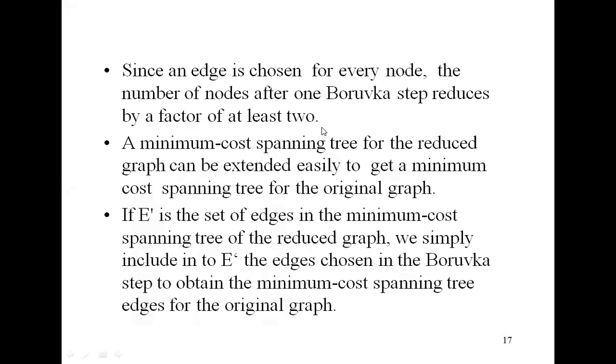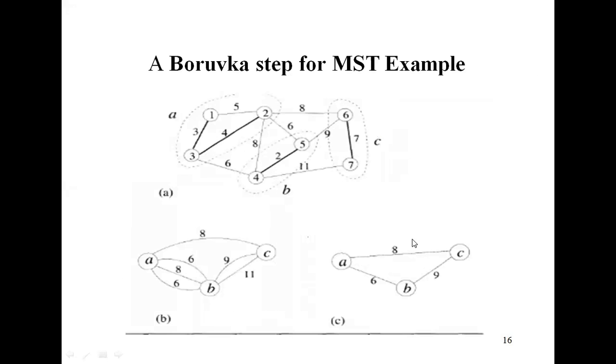See here in our figure C, how many nodes are there? Only 3 nodes are there, A, B, C. In the original figure, how many nodes are there? There are 7 nodes.